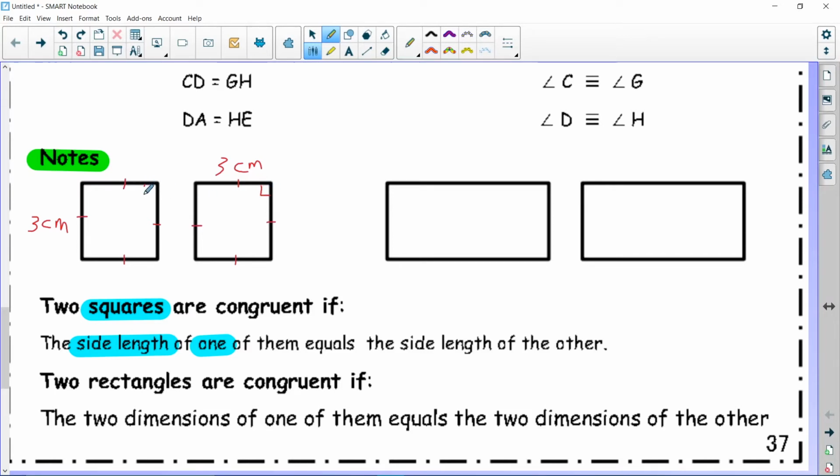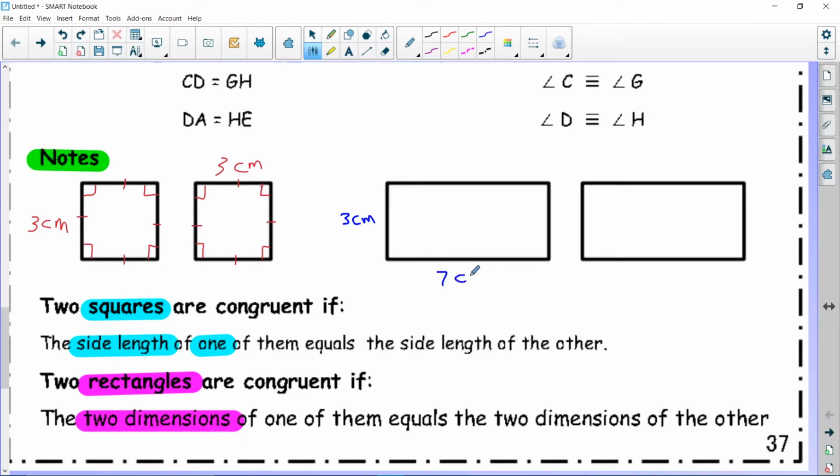Two rectangles are congruent if two dimensions of one of them equal the two dimensions of the other. For example, if this side length equals 3 centimeters and this side length equals 7 centimeters, and this side length equals 3 centimeters and this side length equals 7 centimeters.